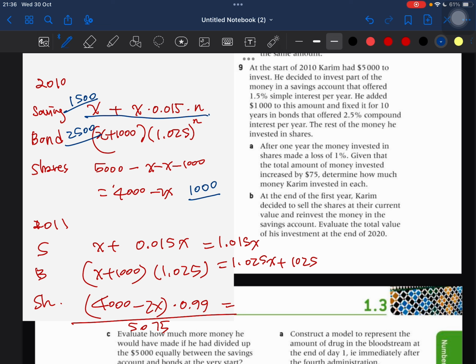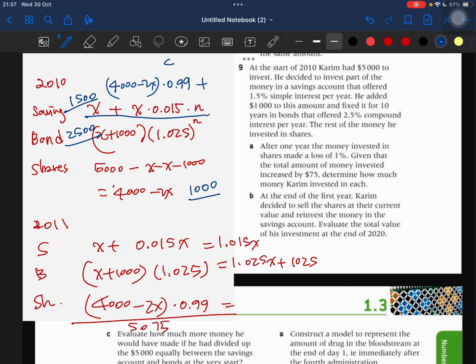So now he added another money. Let me just put it like this: 4000 minus 2x times 0.99 because this is the current value, and he will get another 1.5% simple interest rate.